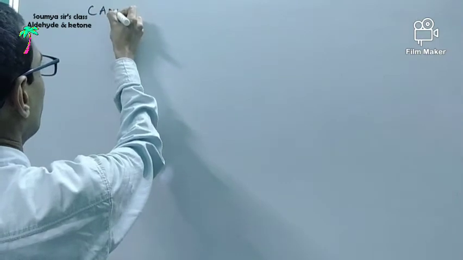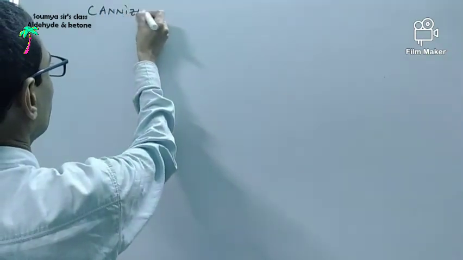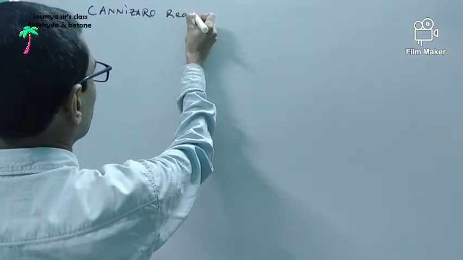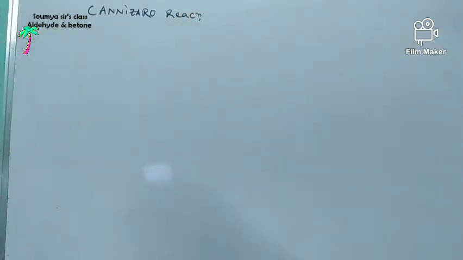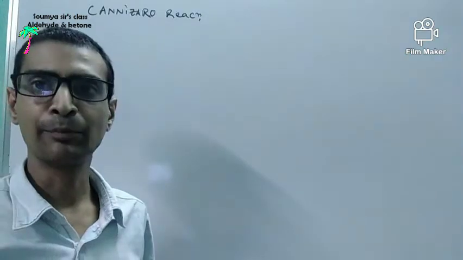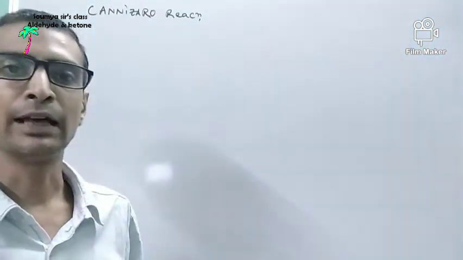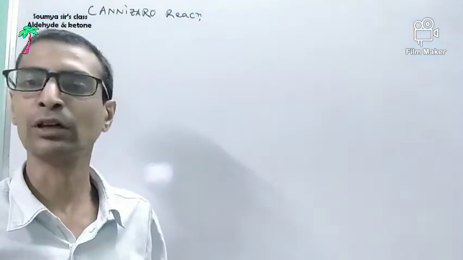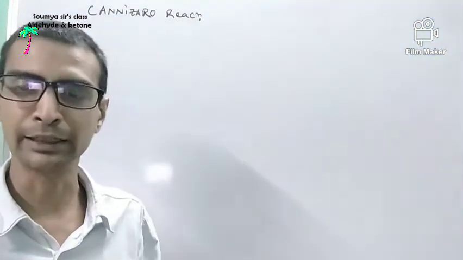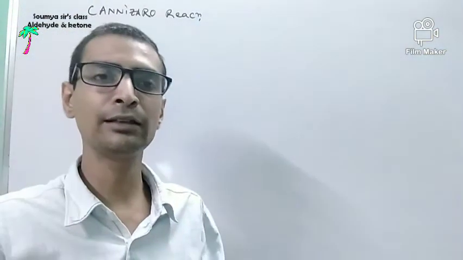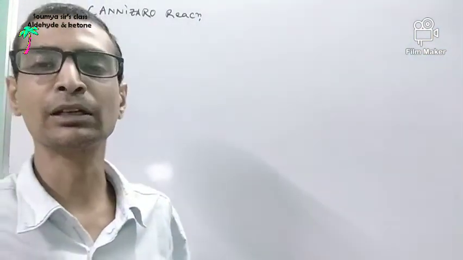I have discussed the Cannizzaro reaction, but not the mechanism. Now the Cannizzaro reaction mechanism is an integral part of aldehydes. Ketone doesn't give any Cannizzaro, but aldehyde gives Cannizzaro.